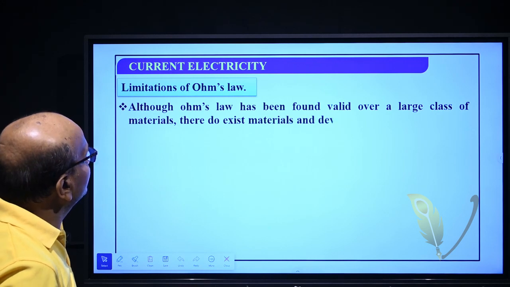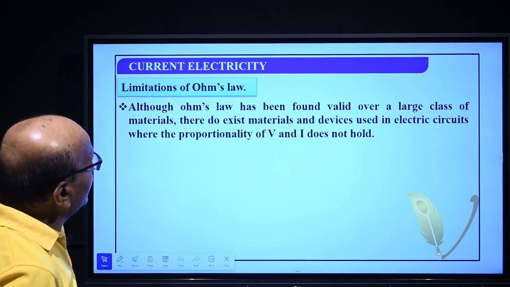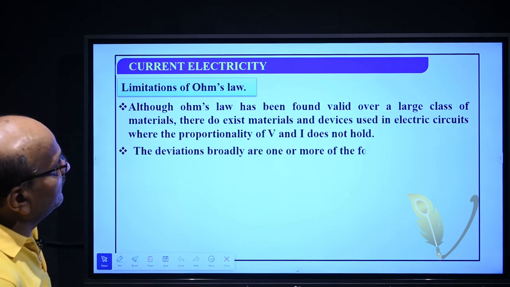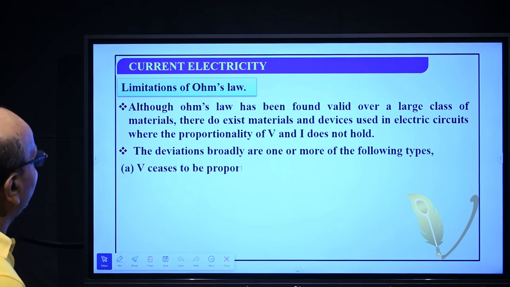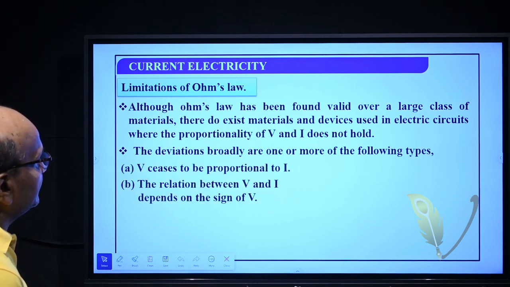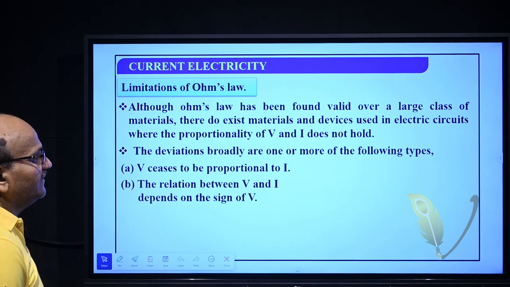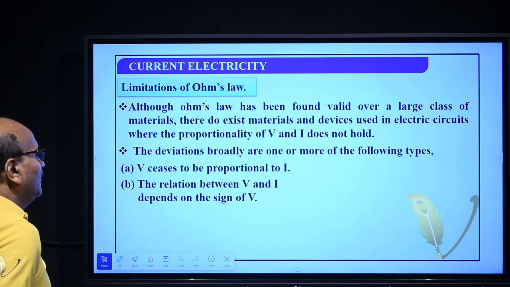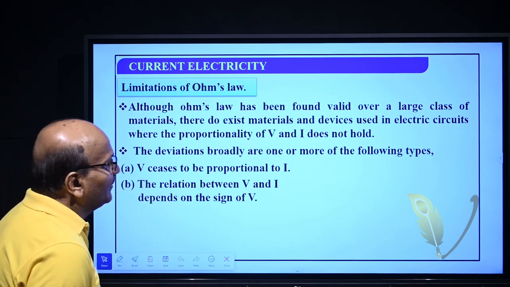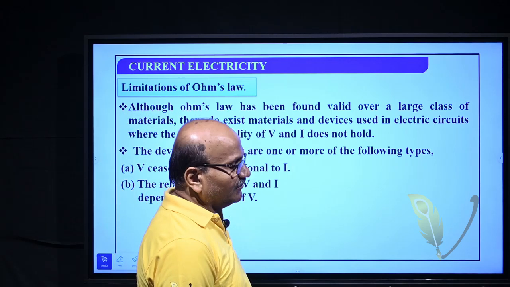Limitations of Ohm's law. Although Ohm's law has been found valid over a large class of materials, there do exist materials and devices used in electric circuits where the proportionality of V and I does not hold.